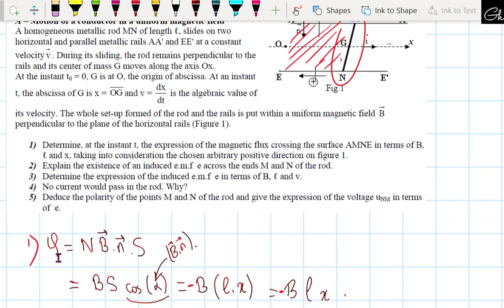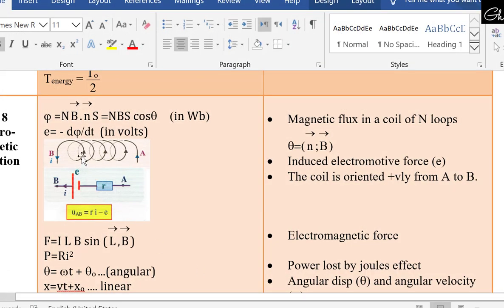Then we can say there is an induced electromotive force E across the extremities M and N of this rod. If we just go back to the formula, electromotive force E is minus d flux by dt. This is the formula. If flux is constant, then there will be zero electromotive force. If it is changing or varying, then E will be different than zero.